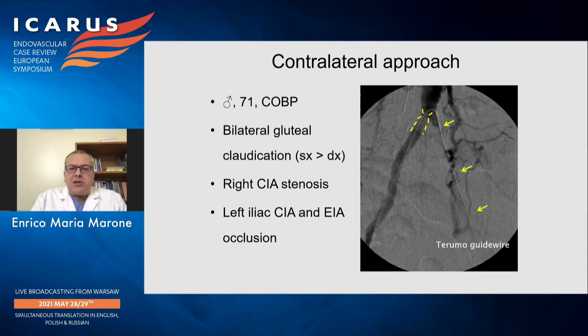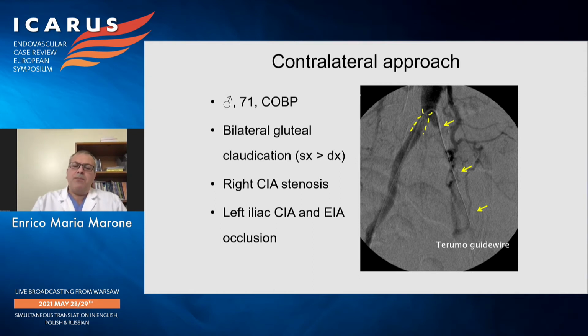We have several possibilities to treat an iliac occlusion. We can use a contralateral approach. This is a case with a stenosis of the right common iliac artery and a complete occlusion of the left common iliac artery. With a contralateral approach using dedicated catheters, I prefer to use a straight tip hydrophilic guide wire.